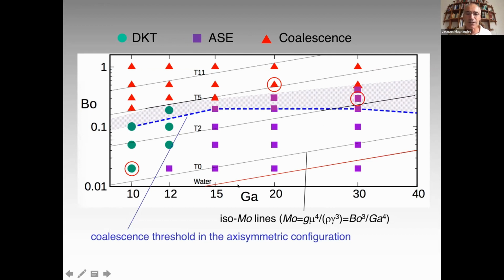In particular, the red inclined line here corresponds to water. And you can conclude that bubble pairs rising in water in this range of Galilei number will never coalesce, because all points along this line stand well below the critical Bond number.